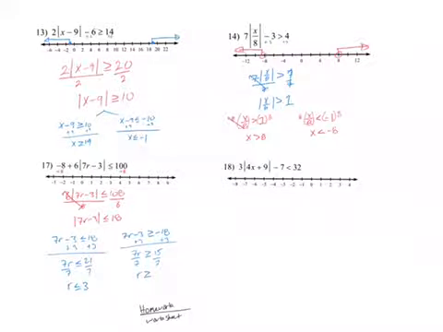R is greater than or equal to negative 15 over 7, which is just a little bit smaller than negative 2. So let's see here, 3 is right here, closed circle. And it's smaller, so it's going to go that way. That's like negative 2 and 1/7, so it's just like right here, going to the right.